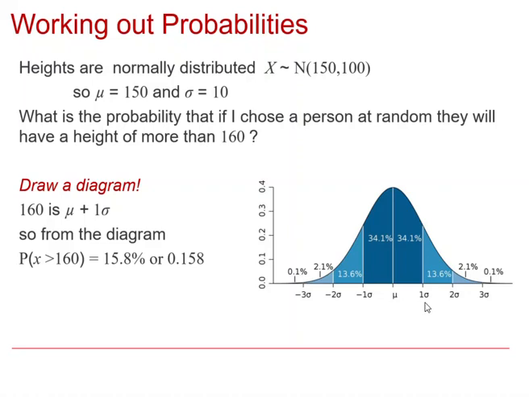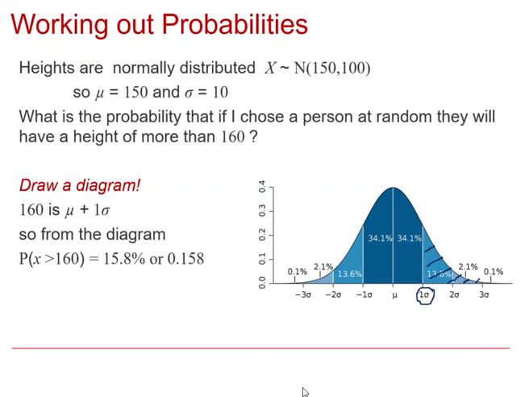So looking at a diagram of that, 160 is clearly the mean plus 1 standard deviation. So what we want to find is the area under the curve to the right of 1 standard deviation above the mean. And it's very simple to see by adding up the probabilities here that gives us 15.8% or 0.158.